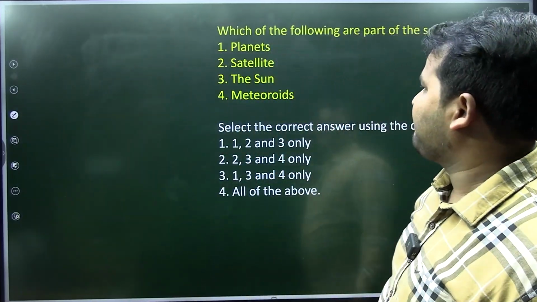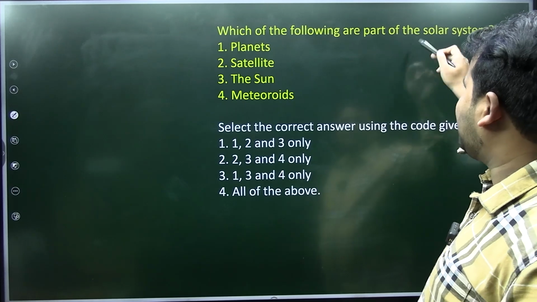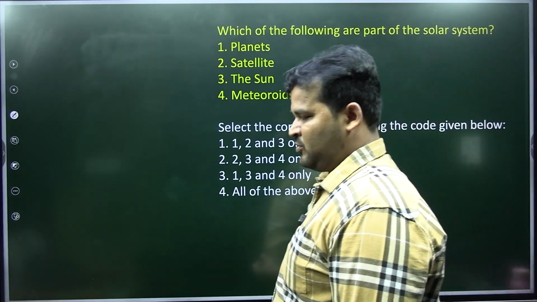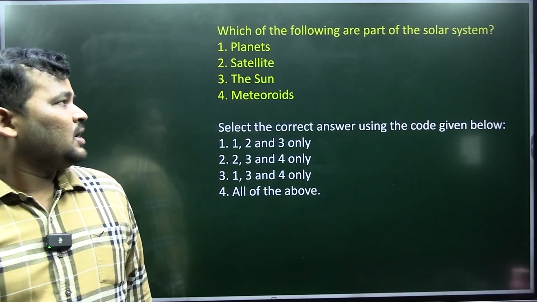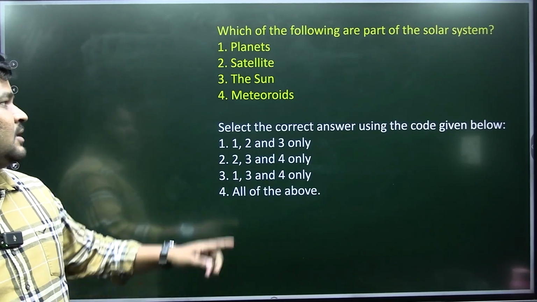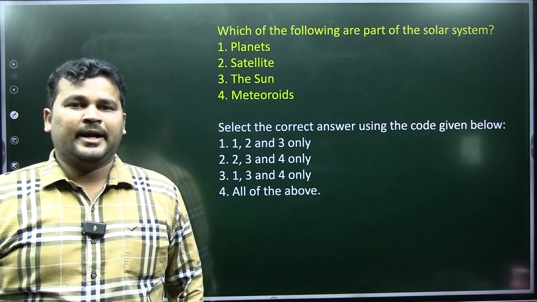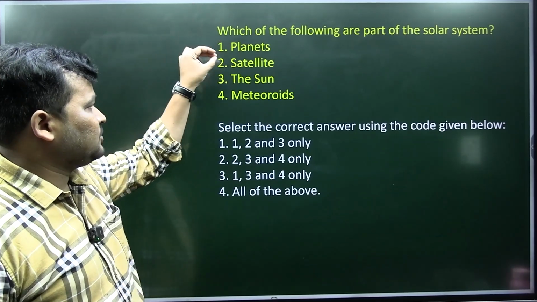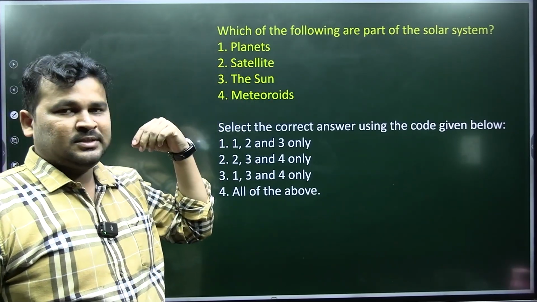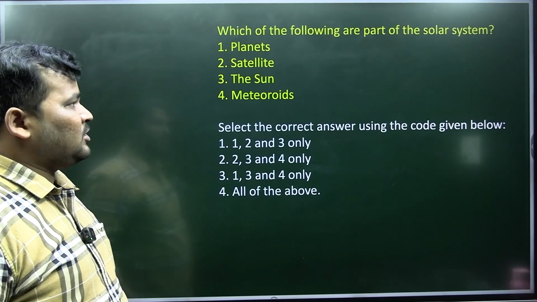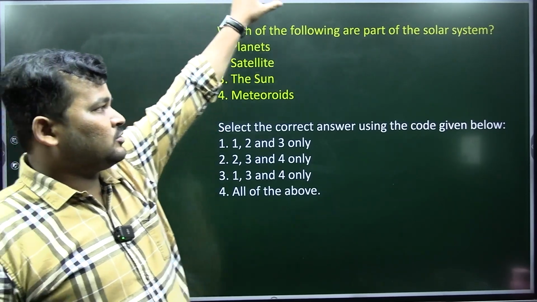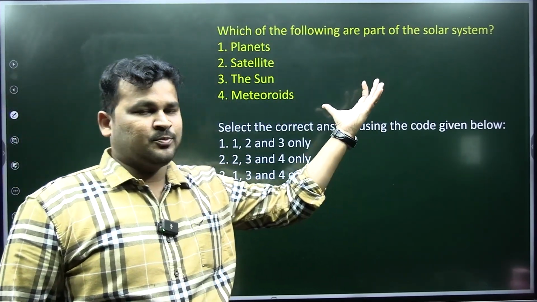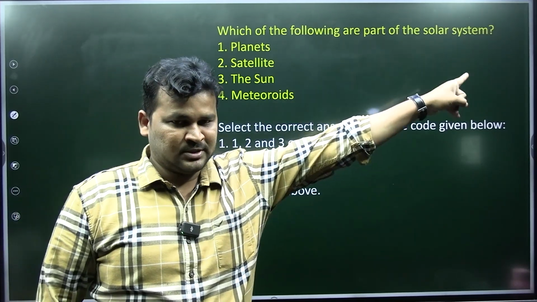Next, which of the following are part of the solar system? 1. Planets. 2. Satellite. 3. Sun. And 4. Meteoroids. They are asking which of these bodies are part of the solar system.